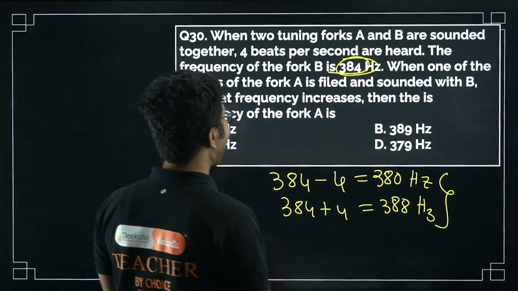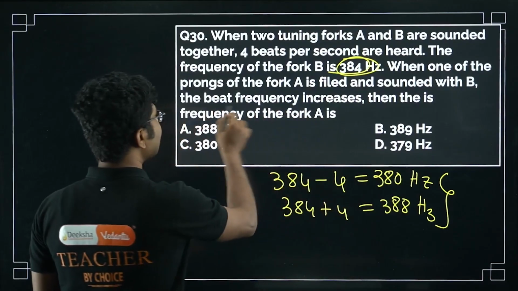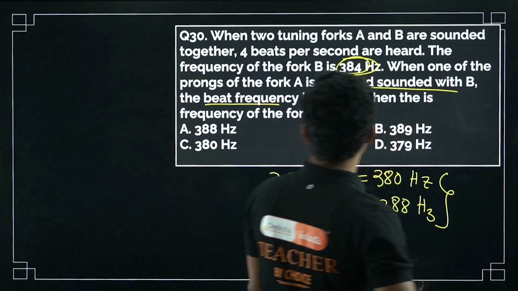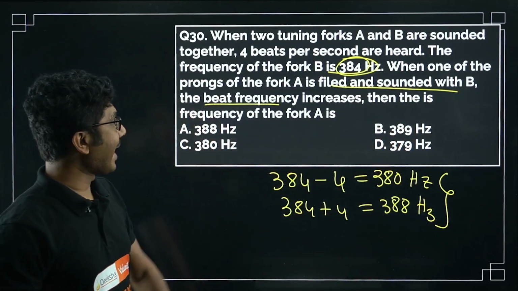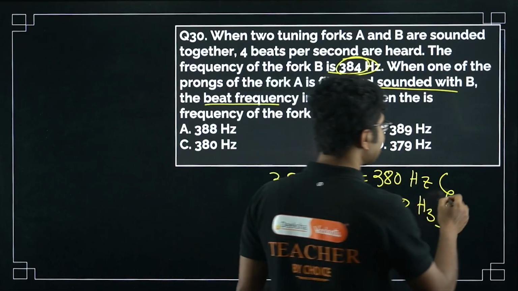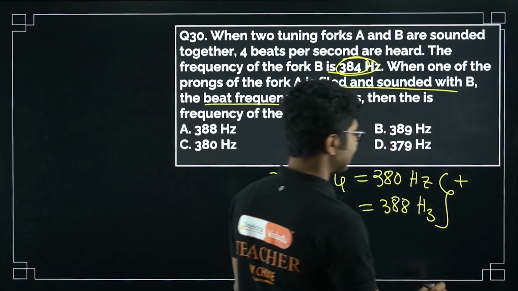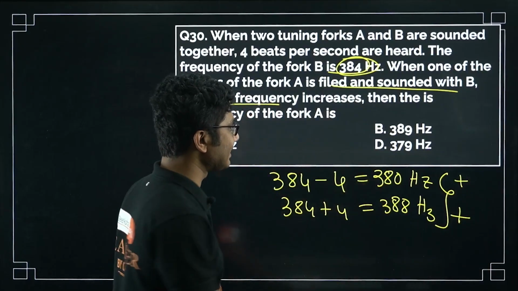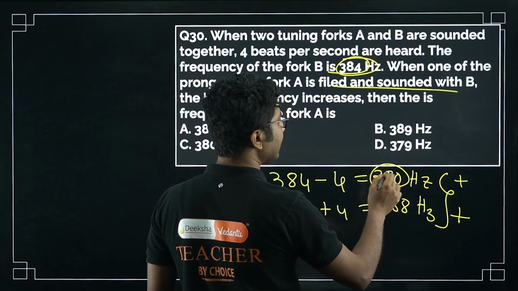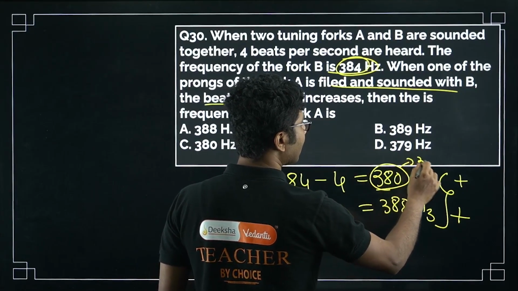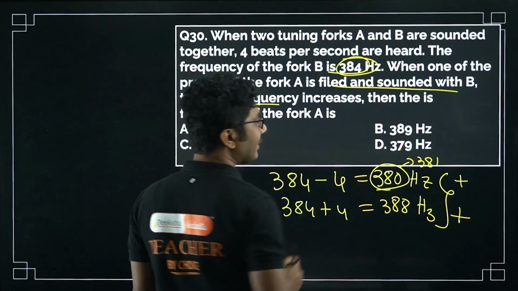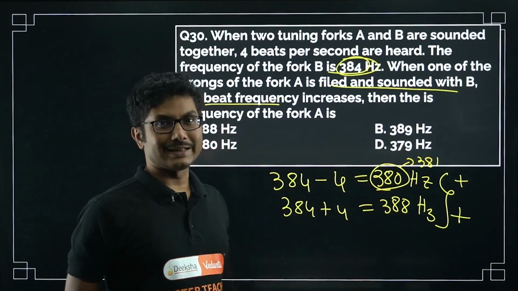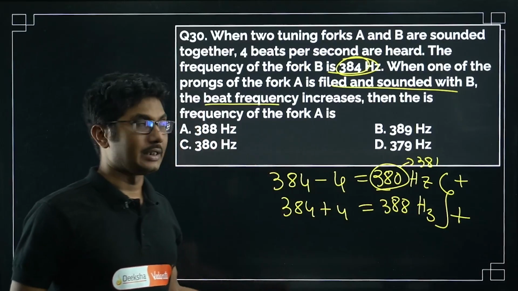Now if you add some mass to it, that is you have filled the fork with some wax, in that case the frequency generally increases. So suppose for example 380 becomes 381, in that case the beat frequency decreases, right?